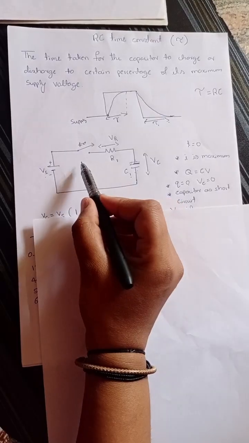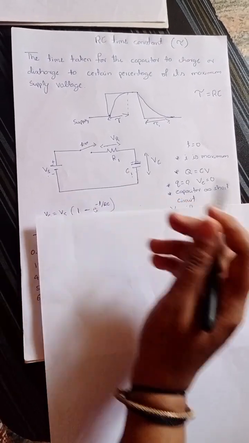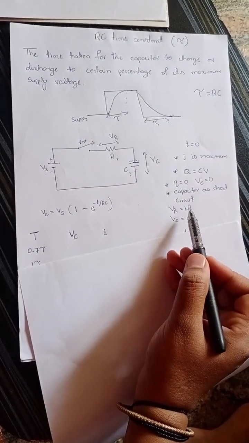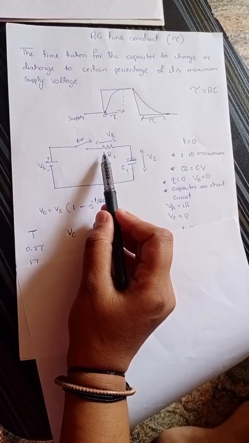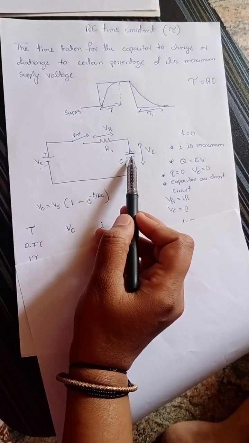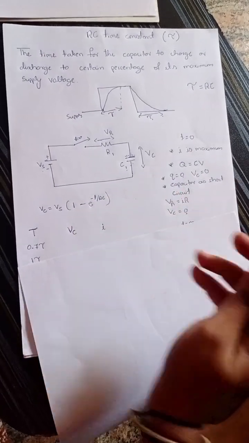So the current flowing through this whole circuit is decided by R1. So VR is equal to I into R and VC is equal to 0. This is at the time instance t equal to 0.